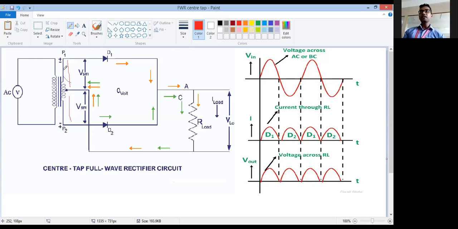So here you are getting the 20 volt plus minus, and here also you will get 20 volt plus minus. So don't mix it that it will generate 40 volt. No, it is not like that. It will generate 20 volt for positive half cycle, and for negative half cycle also it will generate 20 volt. Getting?